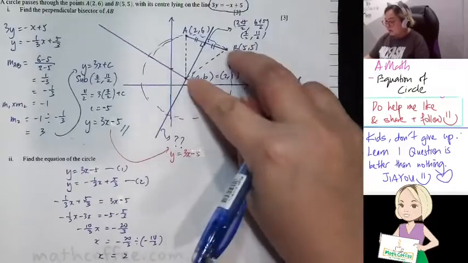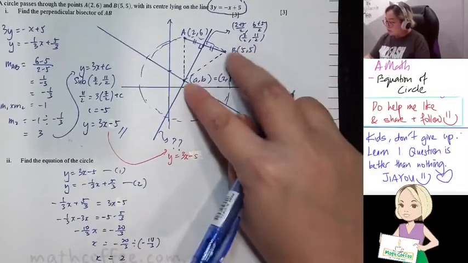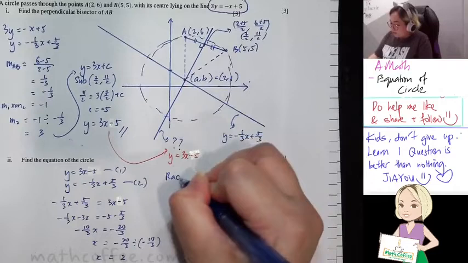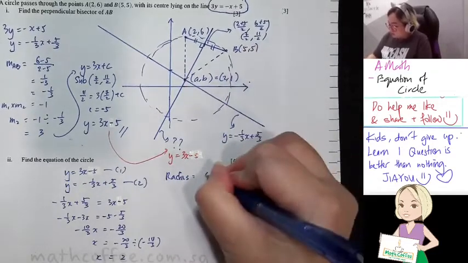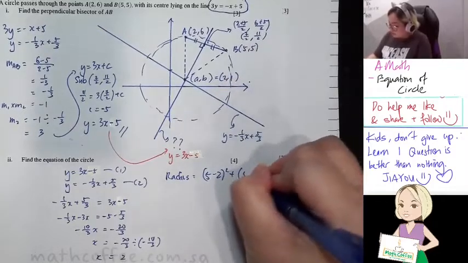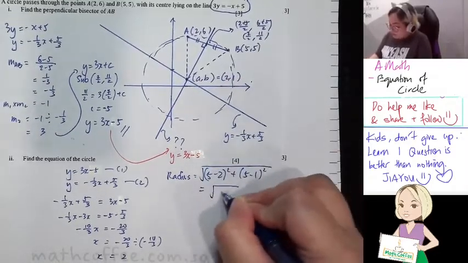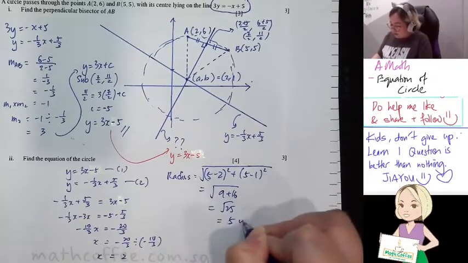So I can now find the radius. Yes, of course, math is my favorite subject. So over here, let's find the length, which is the radius. I will take 5 minus 2 squared plus 5 minus 1 squared, and square root. So I will end up having square root of 9 plus 16, square root of 25, which is 5 units.